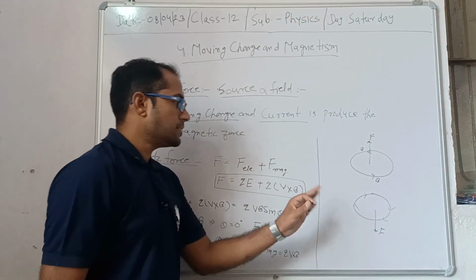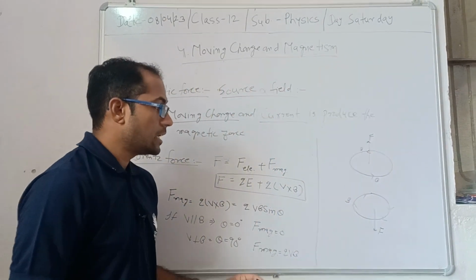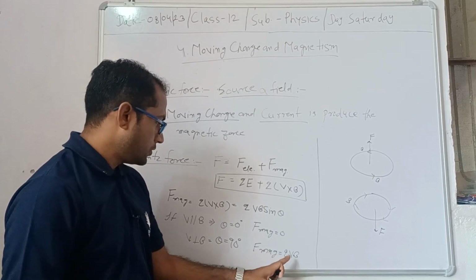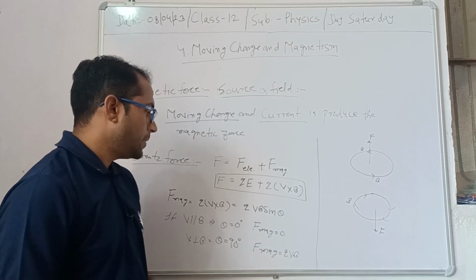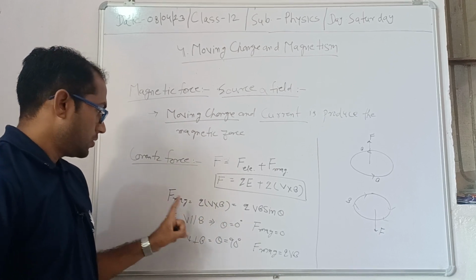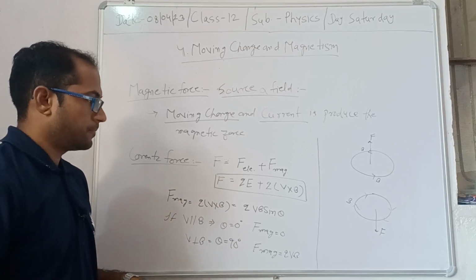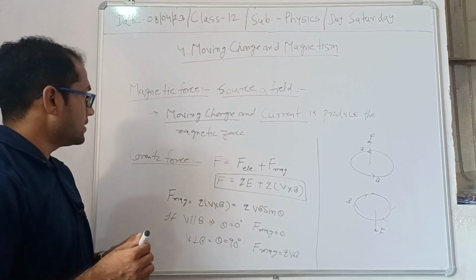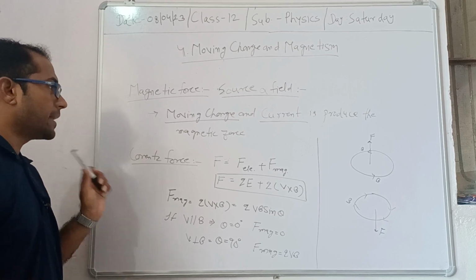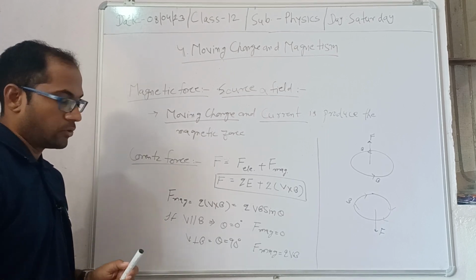This is the direction of the force. The direction of the force is perpendicular to both V and B, because this is a cross product. So this is the magnetic force, and this is what we discussed about the Lorentz force.